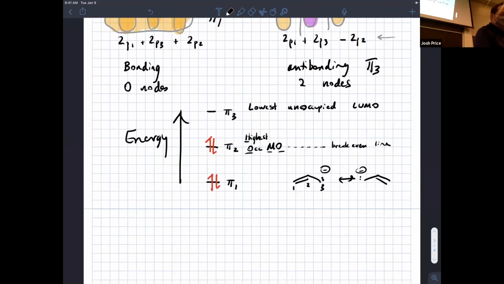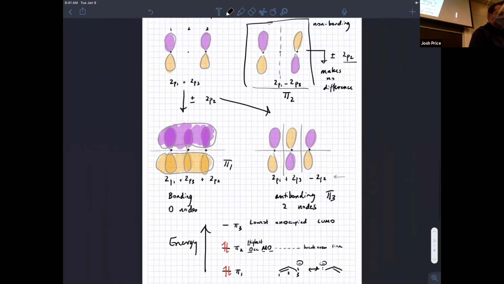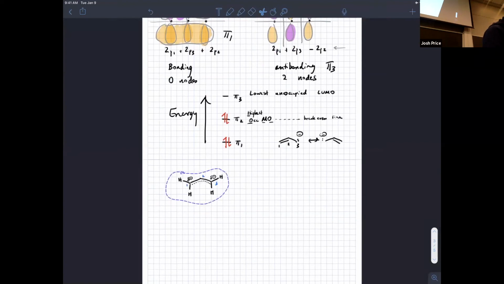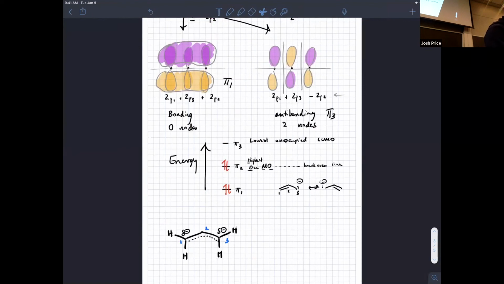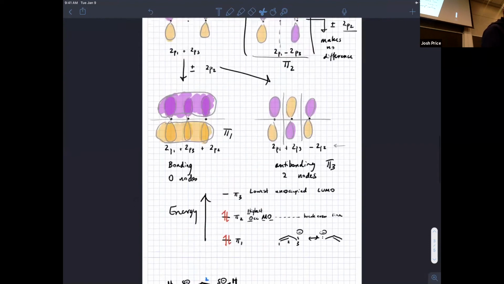All right. So I'll zoom out just a little bit. We talked about how the structure of allyl anion, according to valence bond theory, was probably more like this hybrid structure. Okay. So I'm going to copy some of these pi orbitals that we've dealt with.